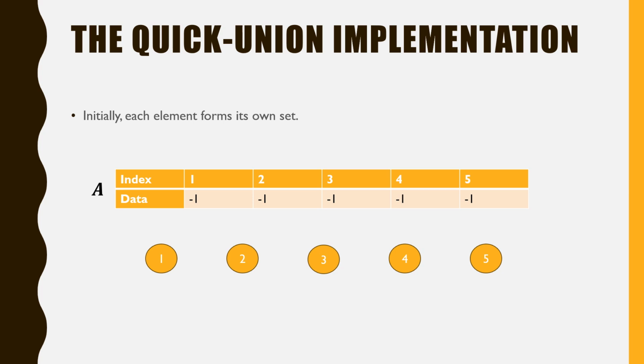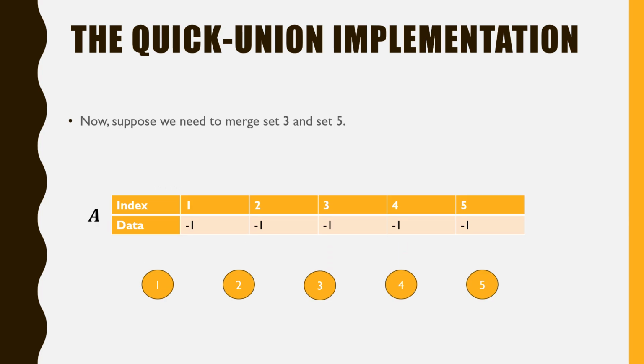Let's use a concrete example to illustrate how the quick union implementation handles the union and find operations. Initially, each element forms its own set, corresponding to n individual trees. In the array A, all entries are set to -1, indicating that each element is the root of its own tree. Now, suppose we need to merge set 3 and set 5.